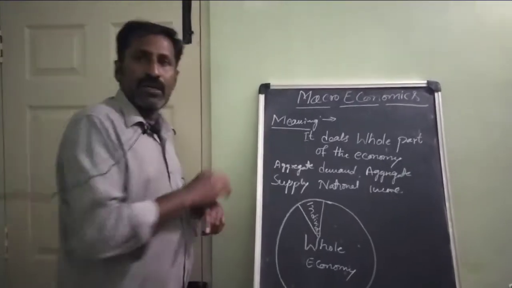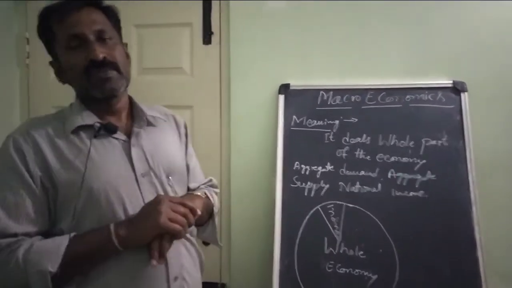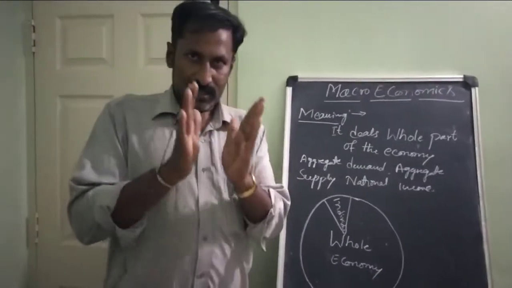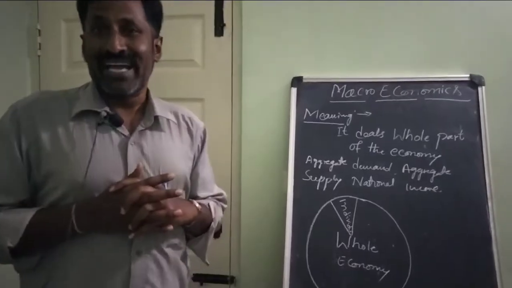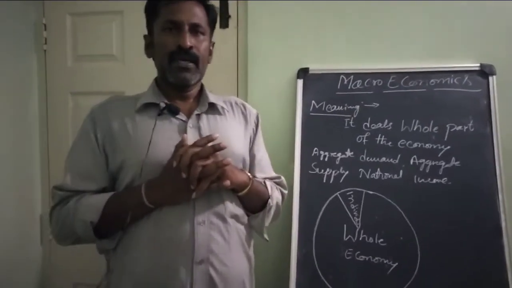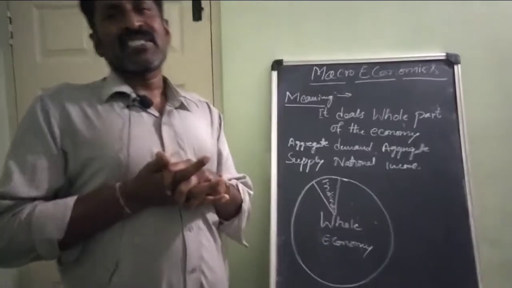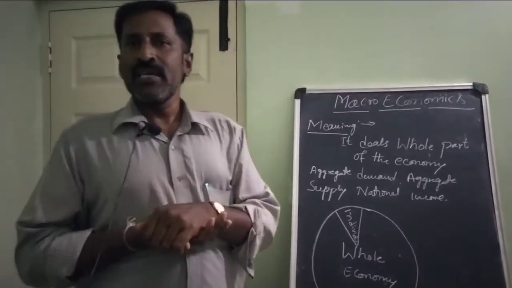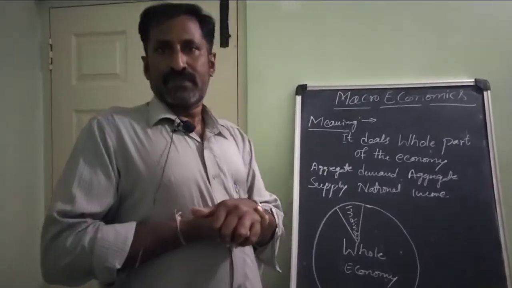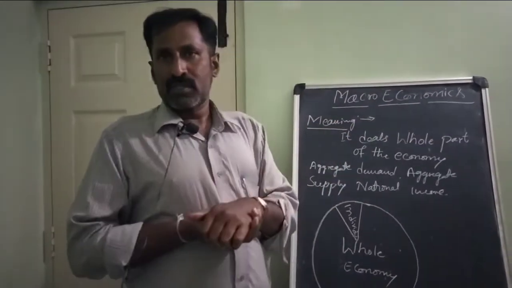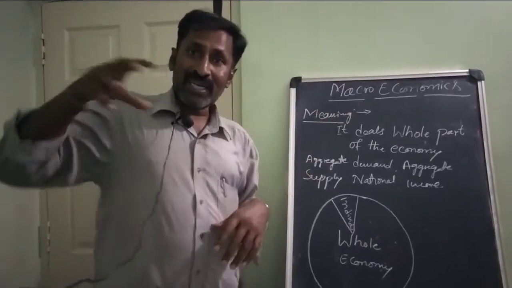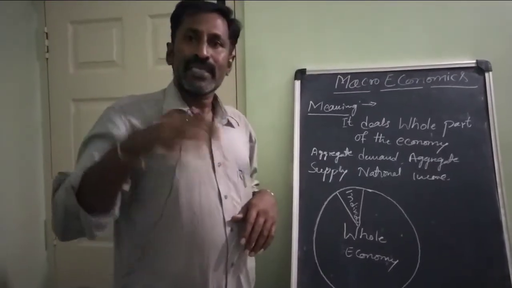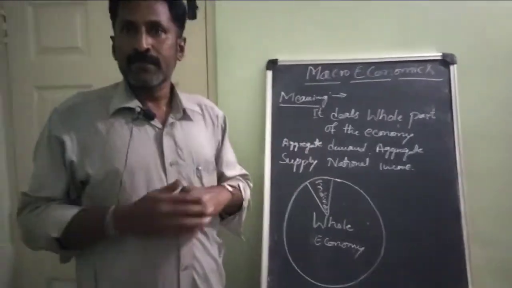We give more importance to macroeconomics because it gives a clear picture of the economy. So why are we studying macroeconomics? One side, macroeconomics studies the whole part of the economy and what type of economic activity is included in it.